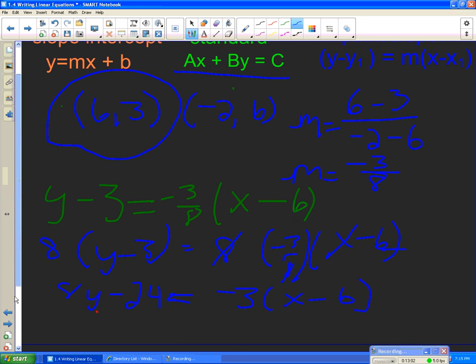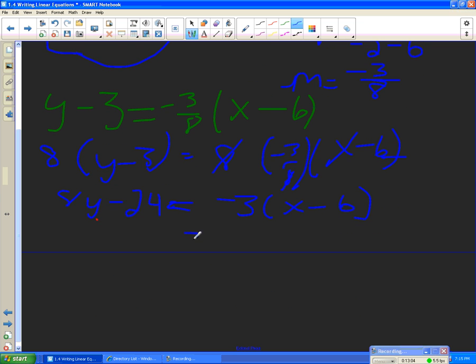Then I'll distribute my 3, minus 3x plus 18. And I've got 8y, and that went a little haywire. Erase all that. (8y minus 24).